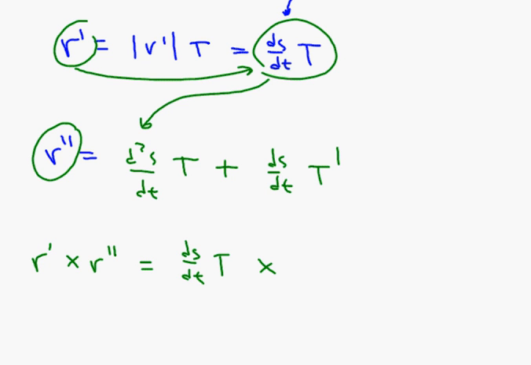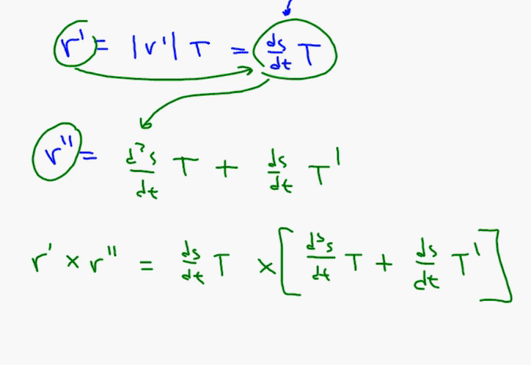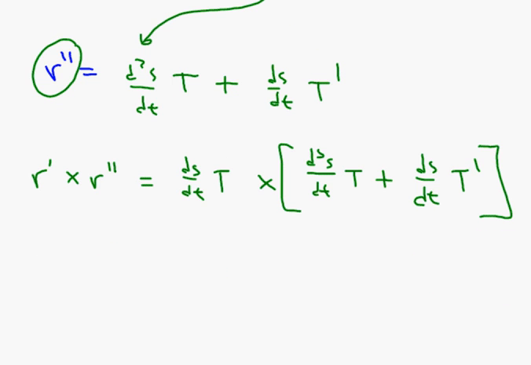So I'm going to write this whole thing, but I'll put it in brackets so we don't lose track of anything. Now, it would be nice if cross products would distribute. They do. So you can distribute this. And that rule also, we've proved that before. We've looked at why that's true. And so if we write this out, here's what we end up with.